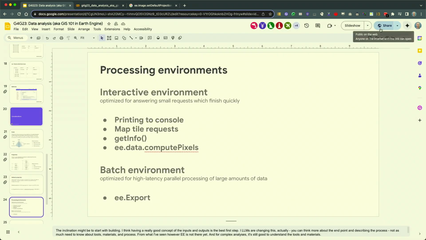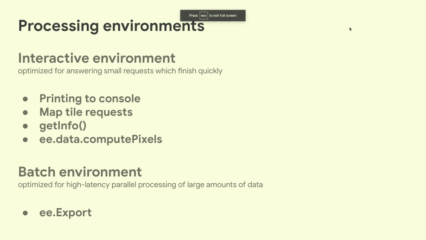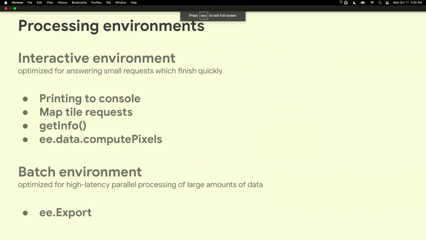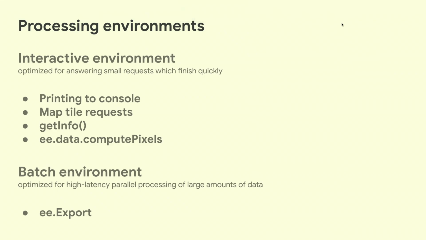And then the processing environments. Earth Engine has 2 processing environments. The interactive environment, and that's what you are getting when you're in the code editor and you're looking at a map or you are printing things to the console. It's interactive.